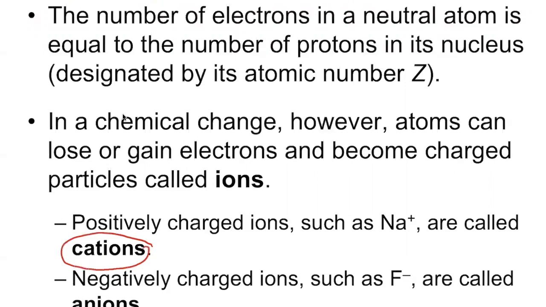The positive means that it lost electrons. When the element has a negative charge, we refer to it as an anion, and what that means is that the element gained electrons, okay? And we are going to be able to do some of those calculations.